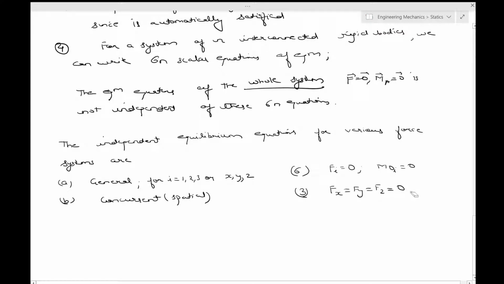All three individual components would be equal to 0.